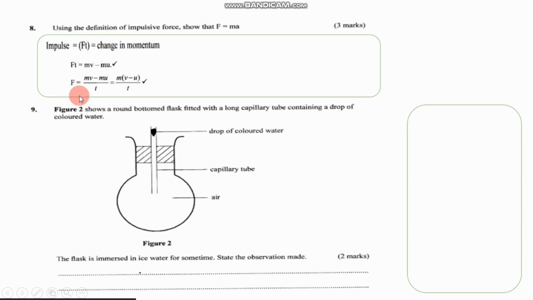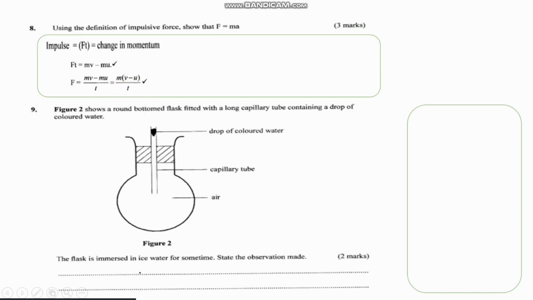If we rearrange this equation, force is equal to mass times final velocity minus mass times initial velocity, divided by time. Because mass is the same, you put it outside, and the force will be equal to mass times final velocity minus initial velocity, divided by time.